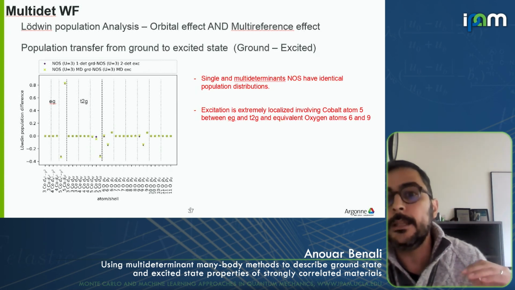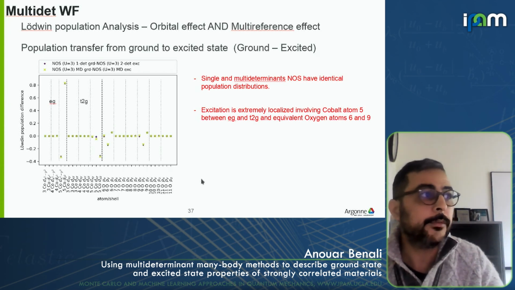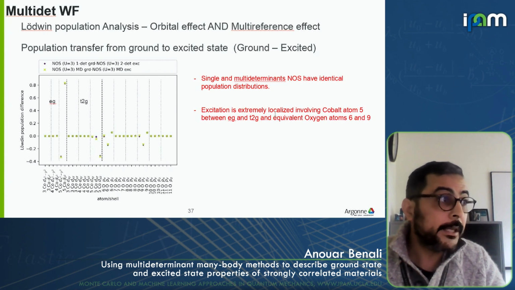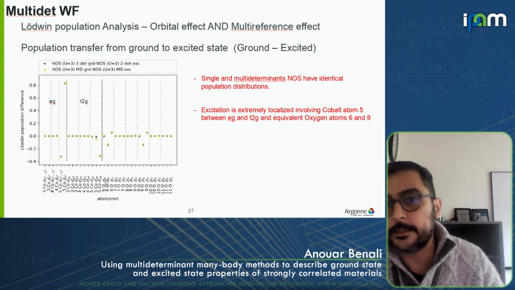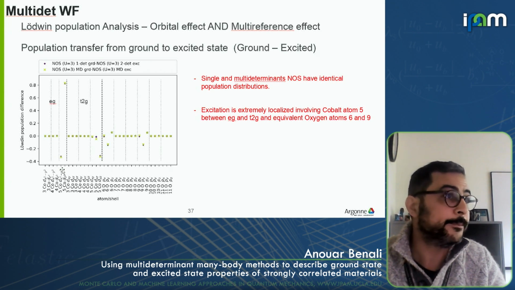So this is really a nice picture that shows really strong localization of the excitation. And here we can even see the breakage of symmetry, which cobalt atoms are going to be involved in this type of charge transfer, which was a picture that we were not able to get before.